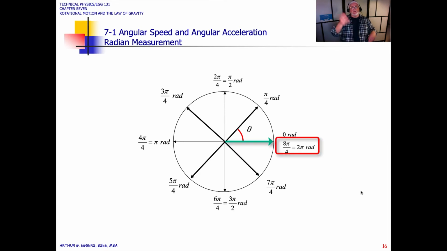So we can keep dividing this up into as many radians with respect to pi as we deem necessary.